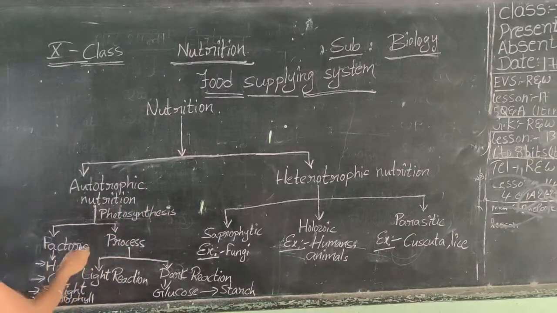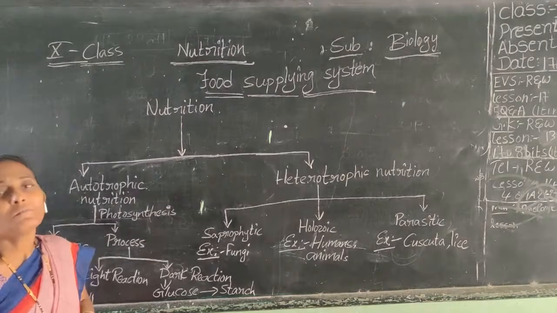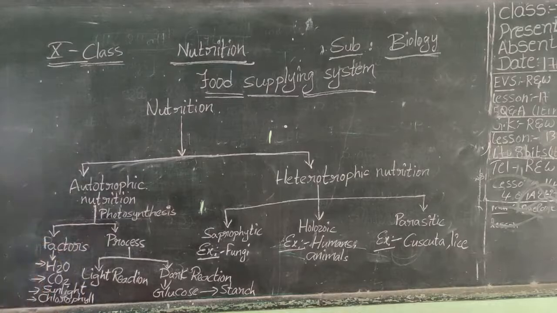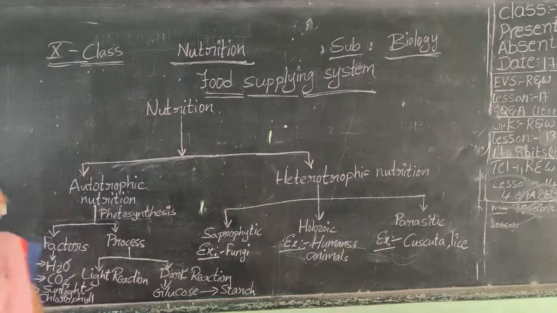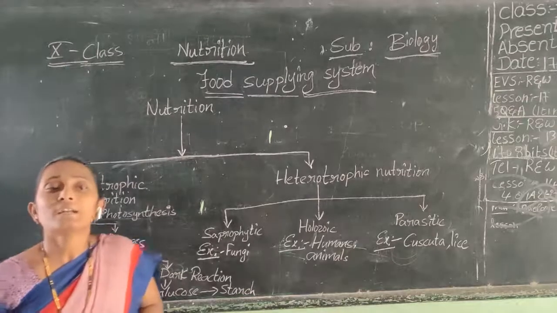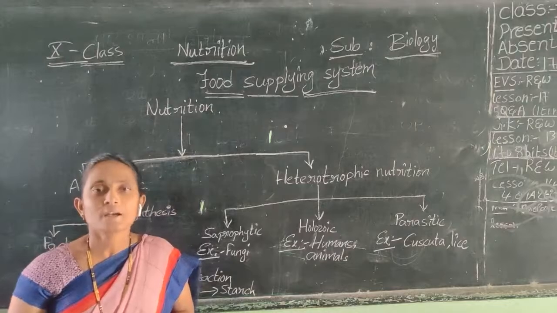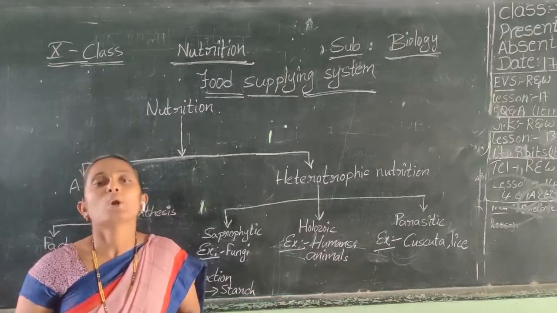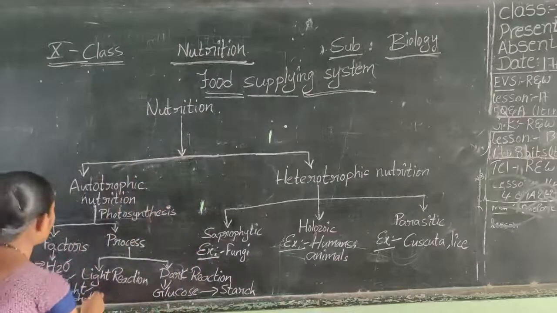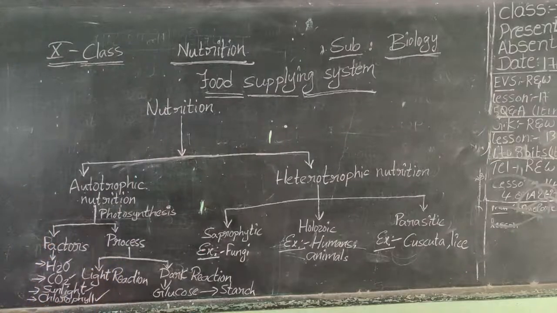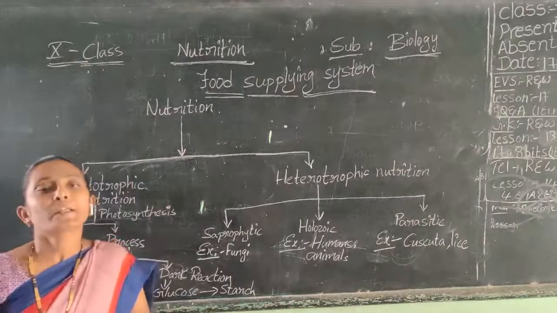Here you have to see some factors are very essential to prepare food. What are those? Water, carbon dioxide, sunlight, and the green color plants. Why are the plants green in color? That is due to the presence of a pigment, that is chlorophyll. So these 4 factors are very essential for preparing food.